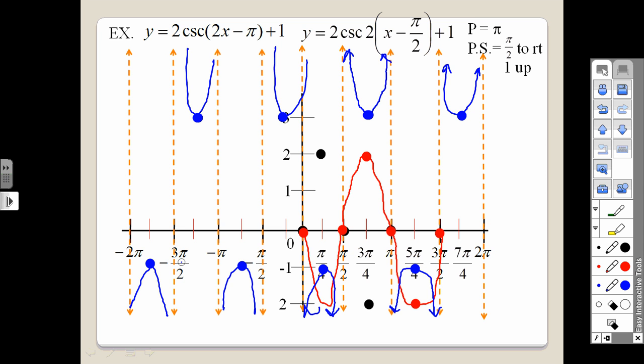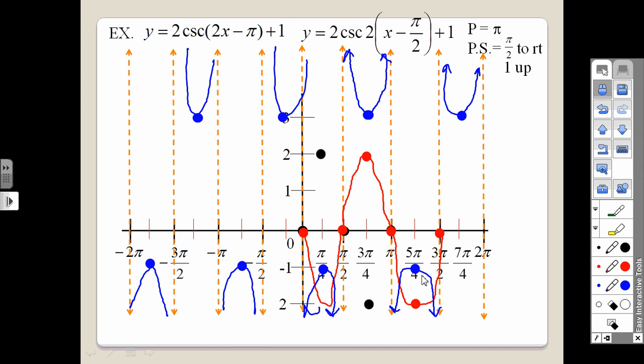Now, what do you need to have on your graphs? Well, I technically just need to see your asymptotes, and then I need to see these blue curves where they belong. But if you need to graph your sine curve a couple times to shift it with a period change, you go right ahead. Just make sure that it's clear what your final curve is.